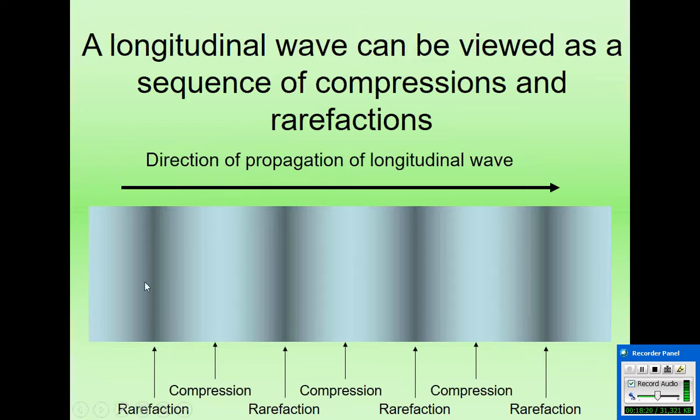Remember the slinky video, and you could clearly see where the coils of the slinky were compressed together, but on either side of the compression were rarefactions, where the slinky coils were further separated from each other than they would be if the slinky was at rest. So in a compression wave, we have alternating compressions with rarefactions.